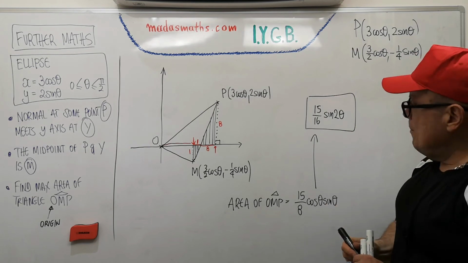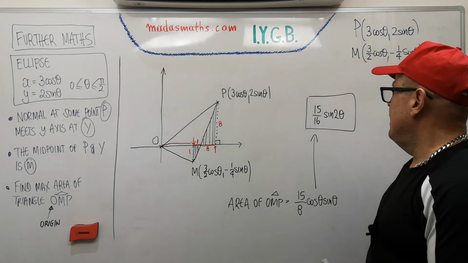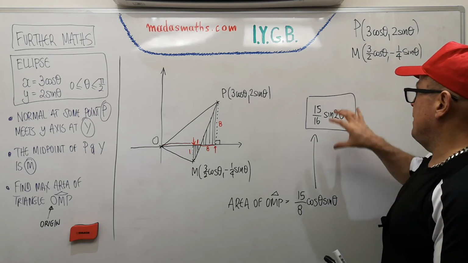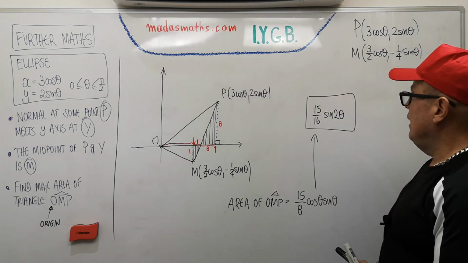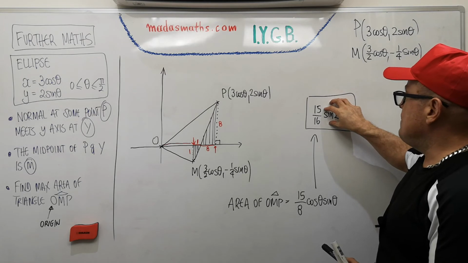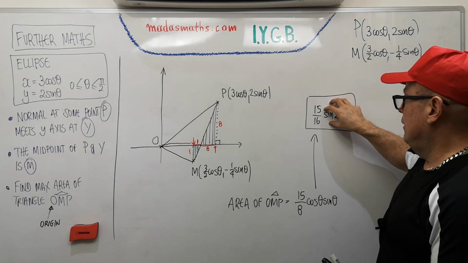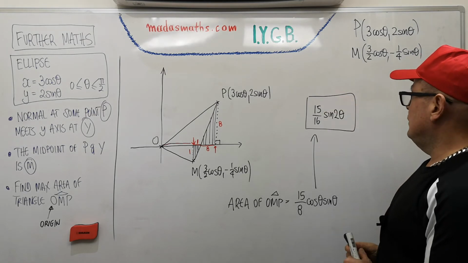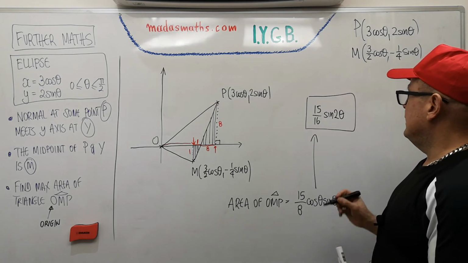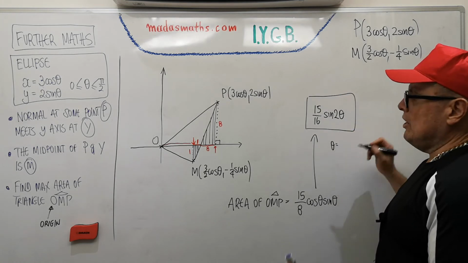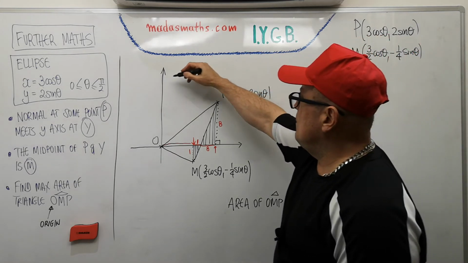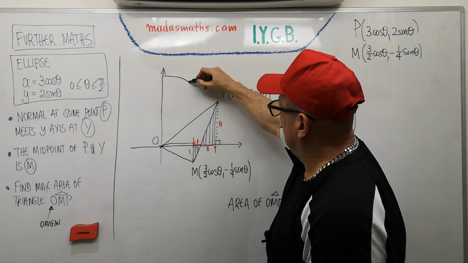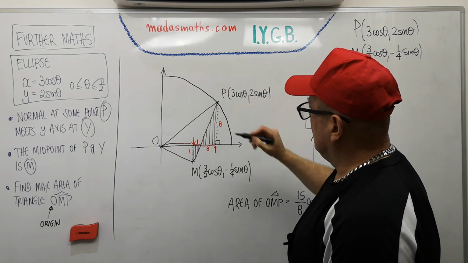And we should be able to see that the most this quantity can become is 15 over 16 when the sine of 2 theta becomes positive 1. Okay, so what does that actually say? We can say that when theta is pi over 4, so if you can imagine the ellipse would have looked something like this.